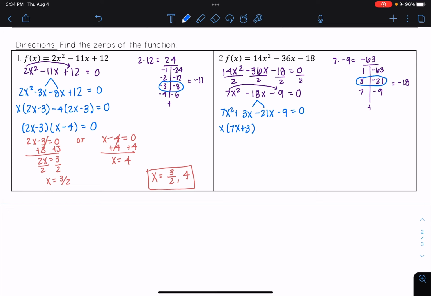For negative 21x minus 9, I can factor out a negative 3, and I'm left with 7x plus 3. And then factoring out my binomial, I have 7x plus 3 times x minus 3 is equal to 0.